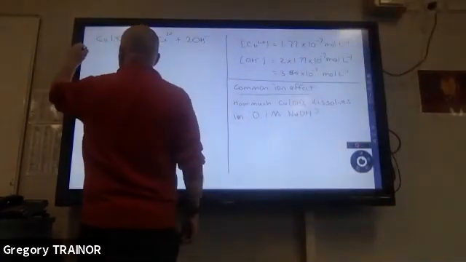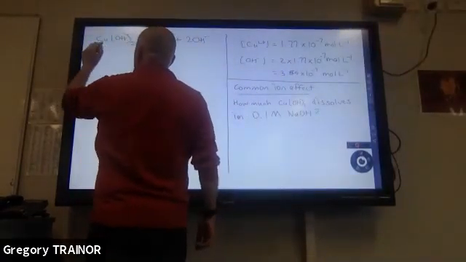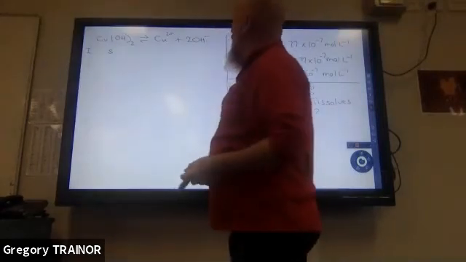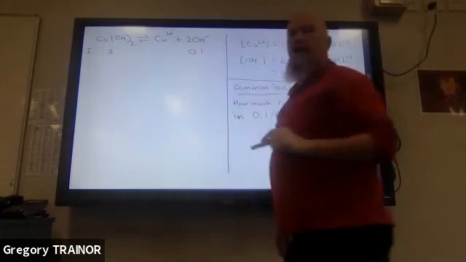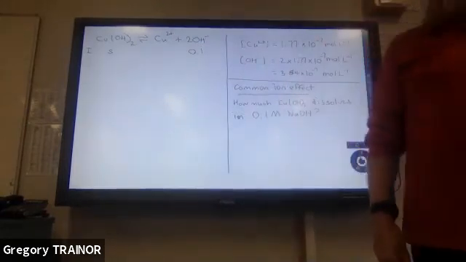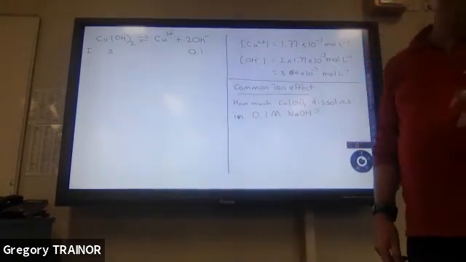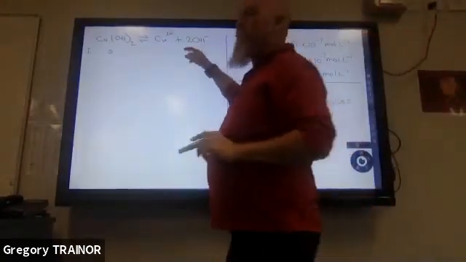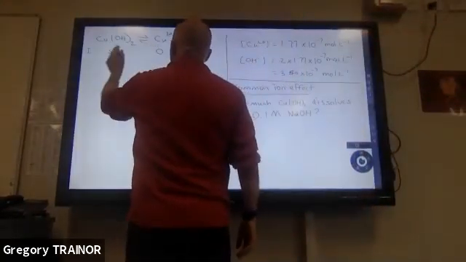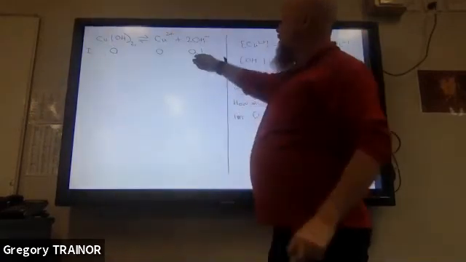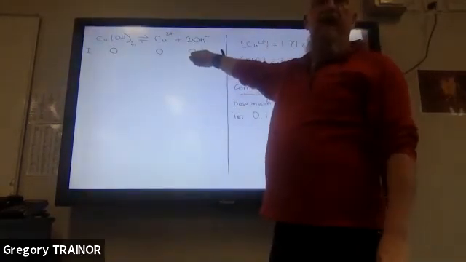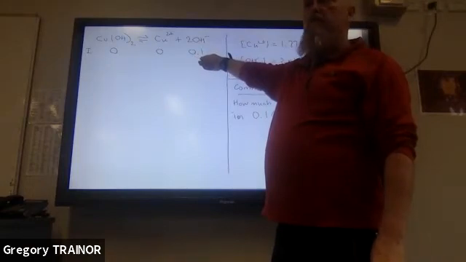So initially, S moles of this dissolves, but we're starting out with 0.1 moles per litre of the hydroxide. That's already there. So this might be 0, and this is 0, but we've got 0.1 moles per litre of hydroxide.